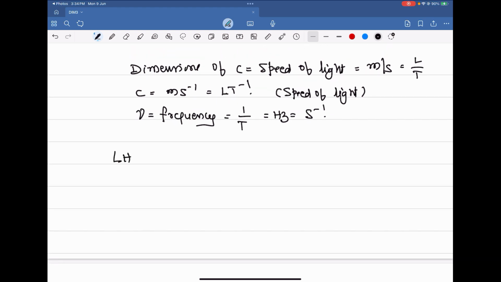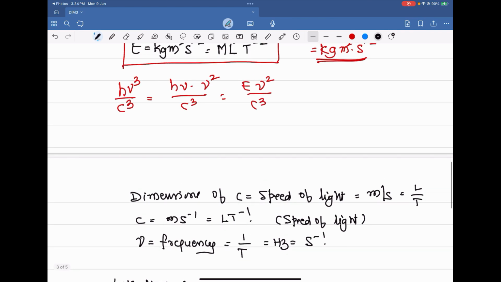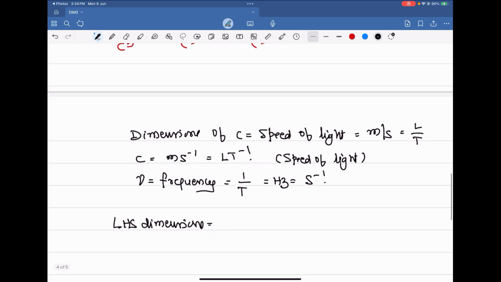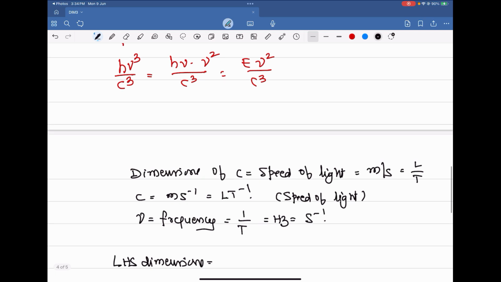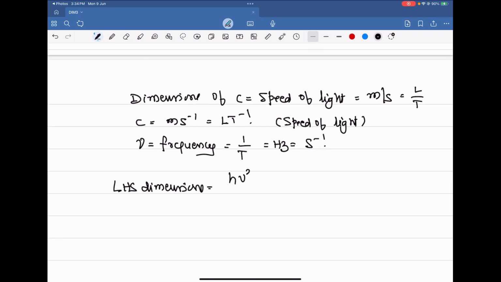Left hand side dimensions are E nu square by c cube, or we can say h nu cube by c cube. h nu is E. What is nu square? That is second to the power of minus 1 whole square. E is joules.